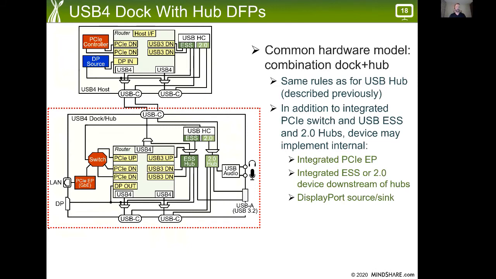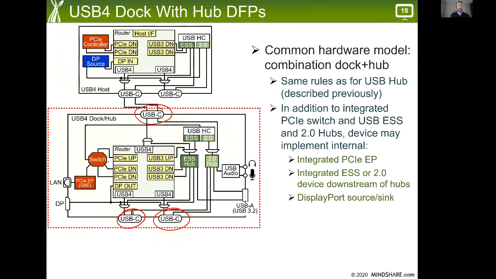So this is a dock, if you think about it. So you would have a hub because there's a single USB4 connection upstream and one or more USB4 connections downstream, right? So that's a hub, but it might also have some integrated I/O devices.